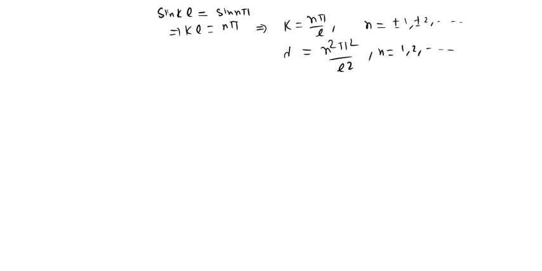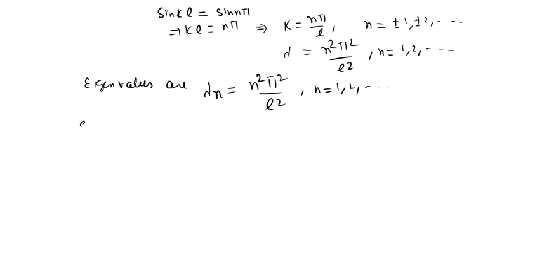Okay, so the eigenvalues are lambda n equal to n square pi square by L square, with n running from 1, 2, 3, etc. And the corresponding eigenfunctions: the solution will be b sine kx.